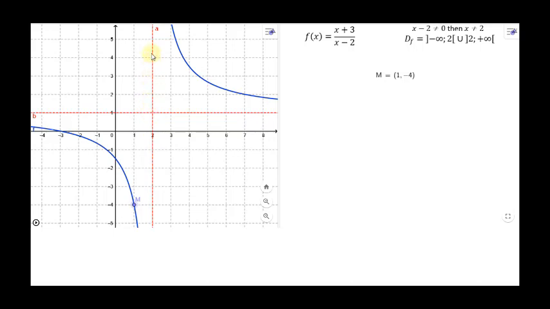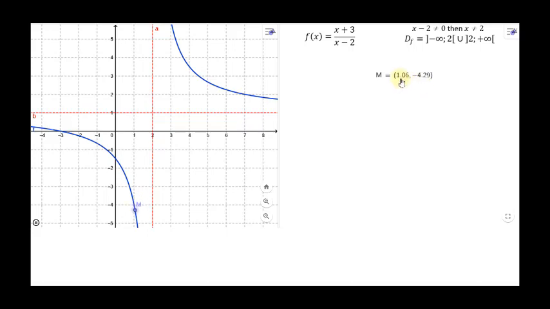But how can we relate this straight line with the curve of the function f? Let us look at the point M, and suppose that M is a moving point on the curve of the function f, and the coordinates of M here are (1, minus 4). Let us see what will happen if x of M approaches 2 from the left. Look please at the coordinates of the point M. X of M is approaching 2 from the left, and look at y of M. Y of M is decreasing.